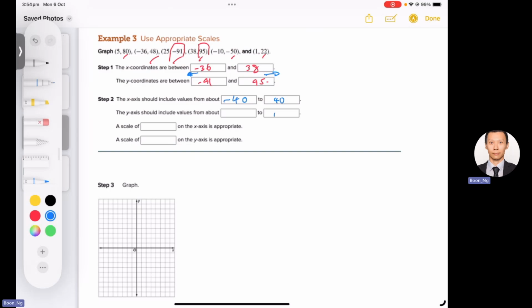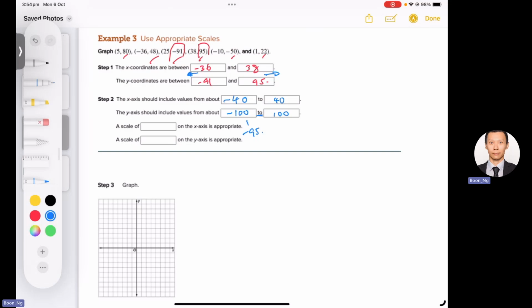For y, this one will be 100 and this one will be, just to balance out, negative 100. If you put down negative 95, it works the same way. But for me, I would put down negative 100 just to make it balanced.